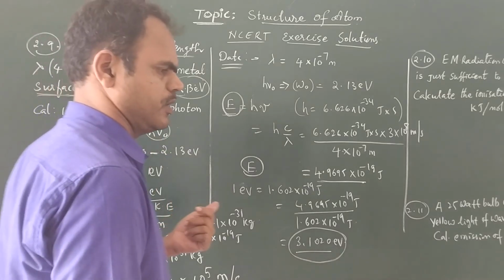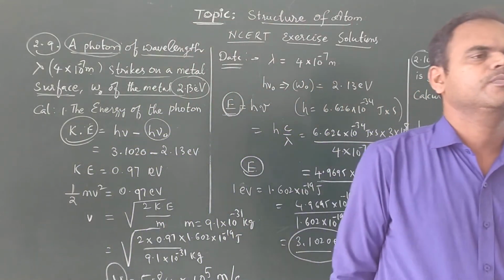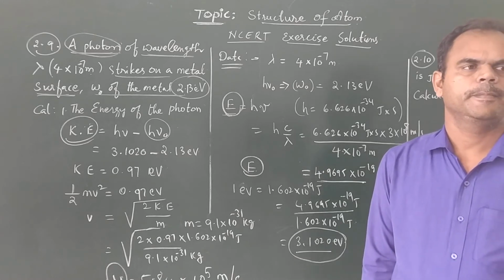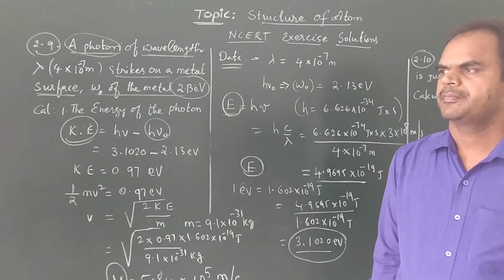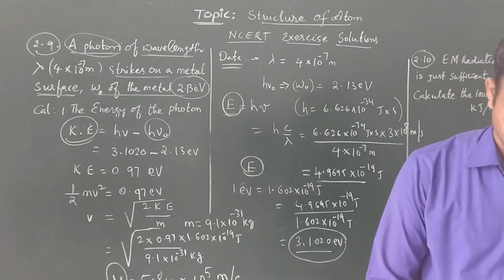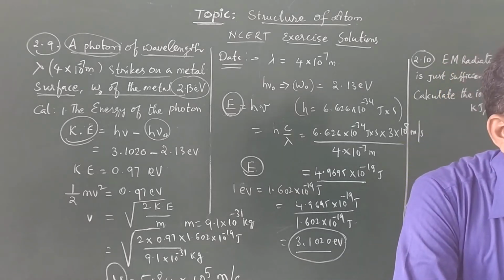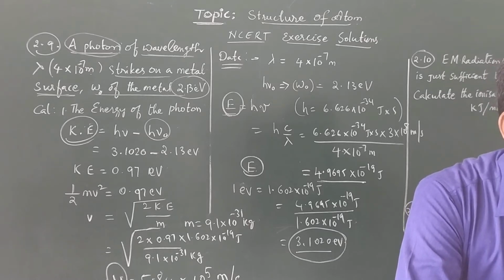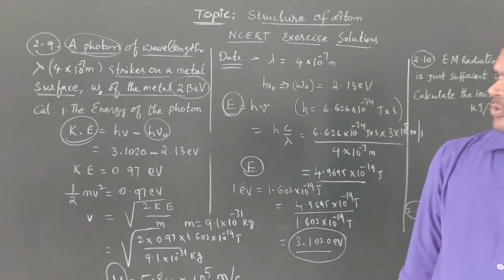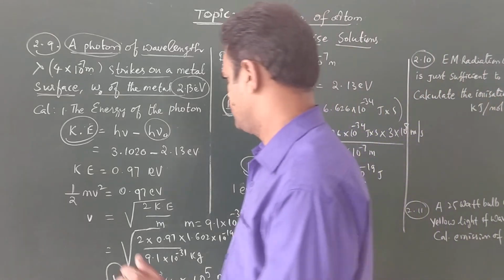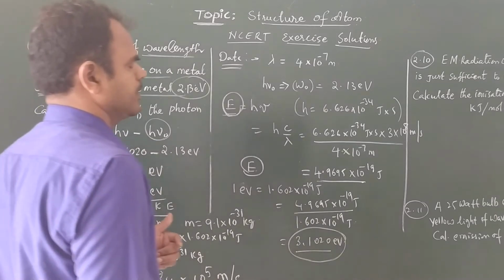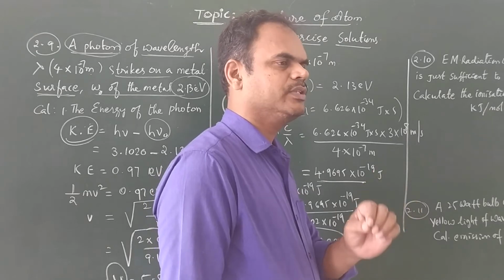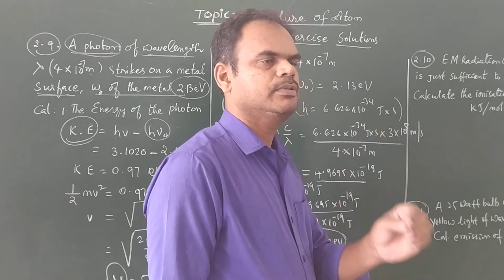So now let me ask one question. What is meant by work function? Can anybody tell what is meant by work function? It is some amount of energy consumed by the electron to come out from the nucleus, or energy of the photon used to remove the electron from the nucleus of the metal atom.